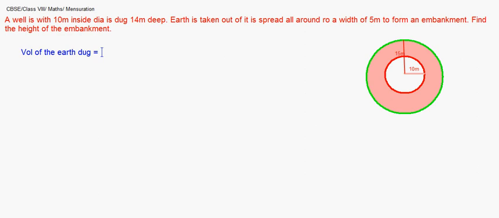I'm directly substituting into the formula. r is given to us as, oh, I made a mistake here. This was the diameter, it says. So the radius will be 5. If this radius is 5, then this will be 10. Sorry, I missed that. This is 5 meter and this will then be 10 meters.